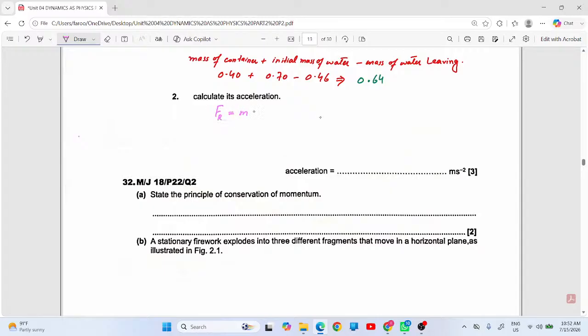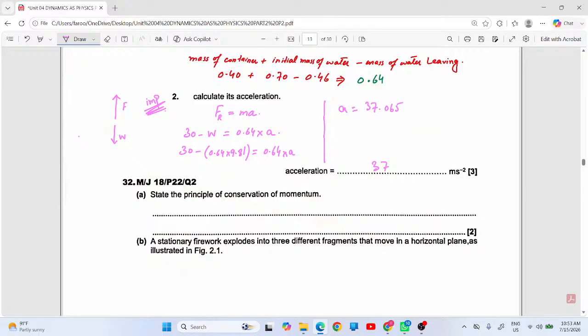The resultant force on the rocket: the weight of the rocket is acting downward, and the thrust is acting upward, so we write 30 minus the weight equals 0.64 multiplied by 9.81. So 30 minus 0.64 times 9.81 equals 0.64 times a. The acceleration is about 37, in meters per second squared.